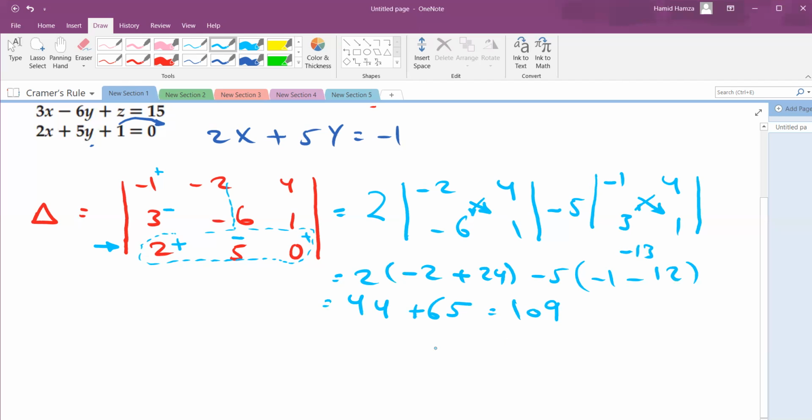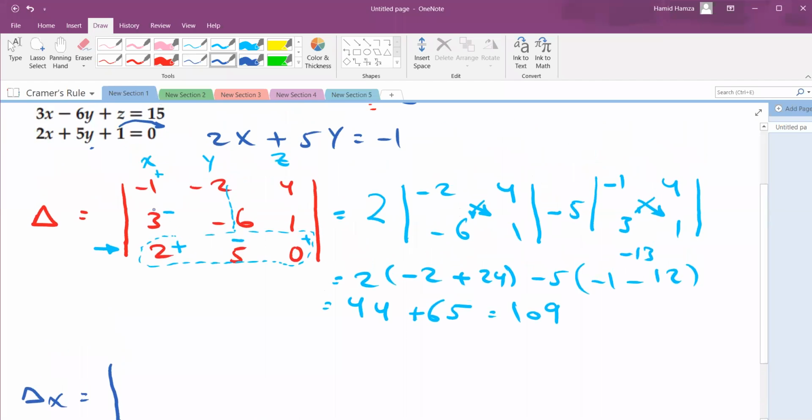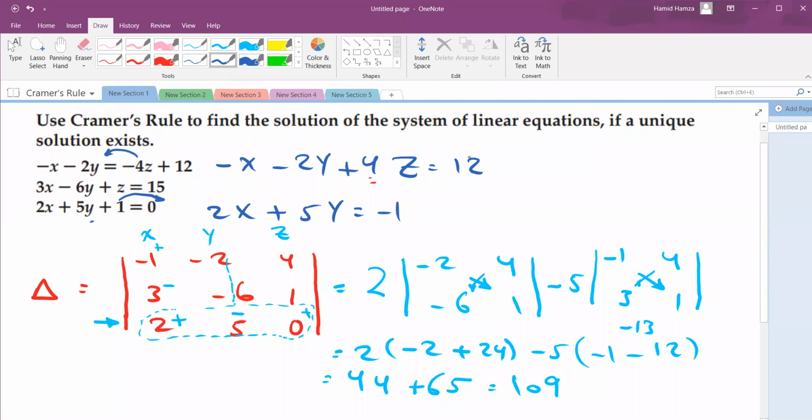So this is the value of delta. Then we will find delta x. This is the coefficient of x, coefficient of y, coefficient of z. Delta x is found by replacing the coefficients of x with the constants.